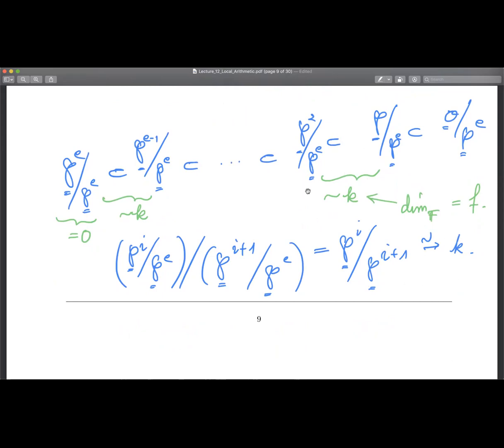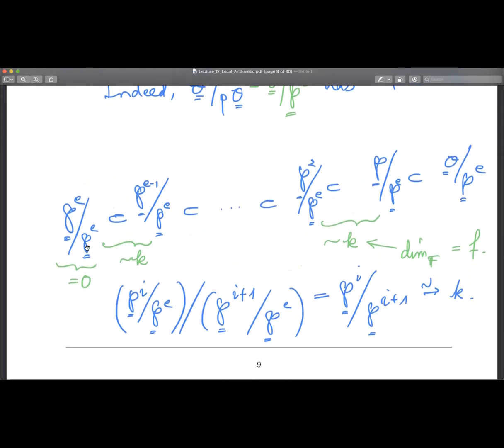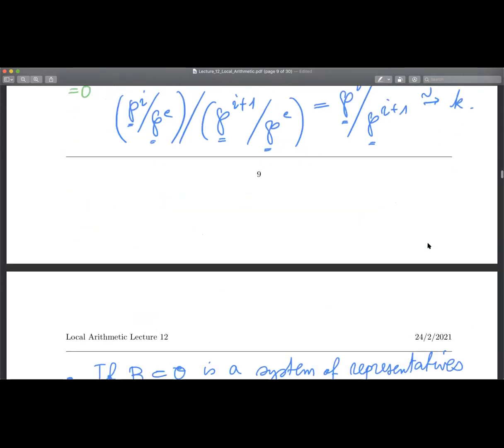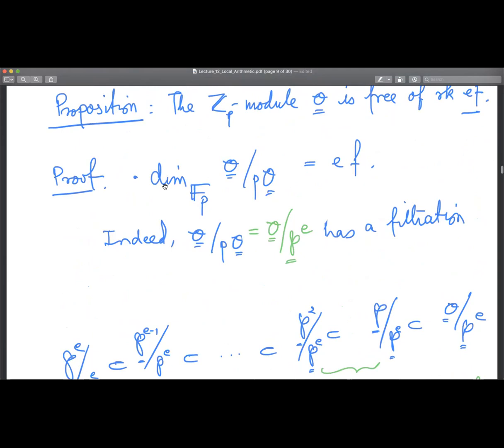So the dimension here is f, and there are e terms here. This filtration has length e, and each quotient is of dimension f. So the dimension of O modulo p^e O is ef as claimed. This establishes this claim here.